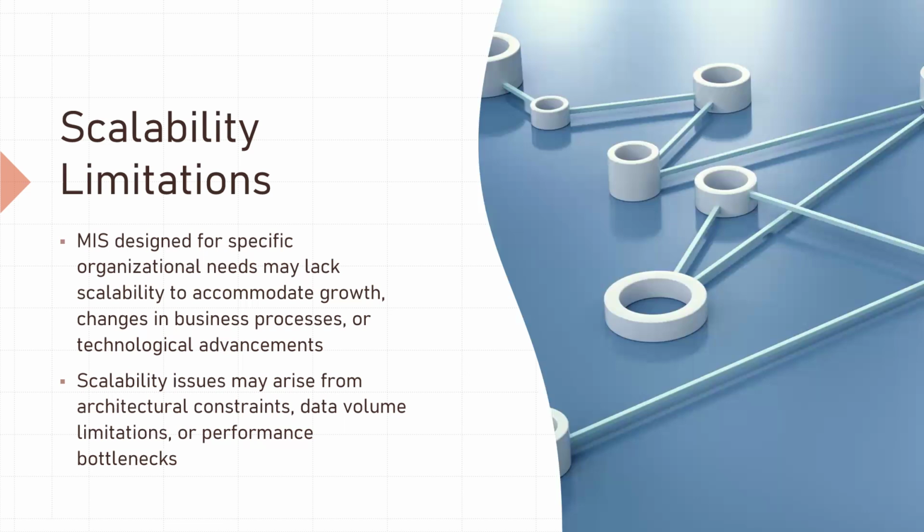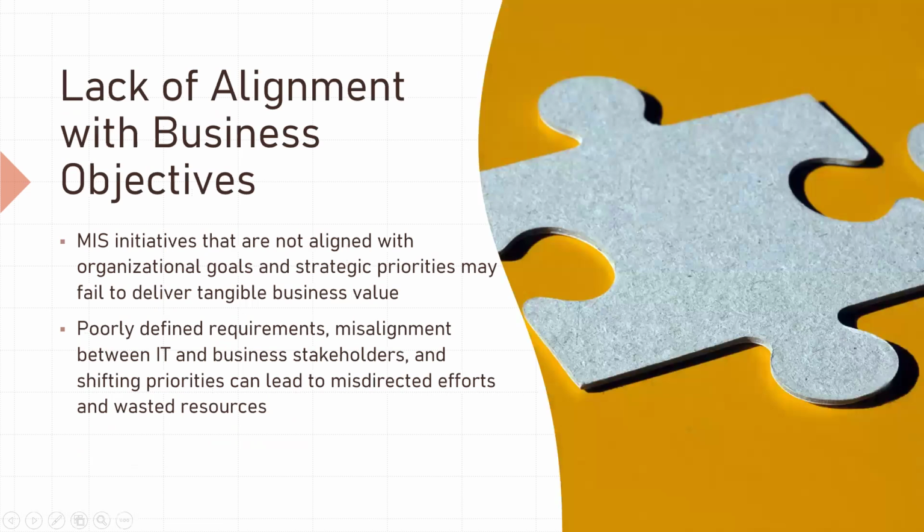You modularize it. Each module is different. That will help. And then you also have database optimization, load balancing, and regular performance testing. All of these can help with scalability limitation.